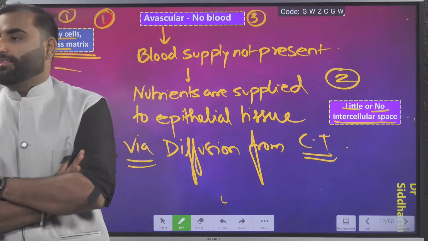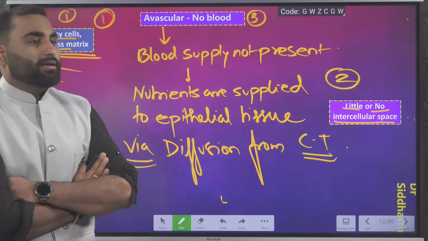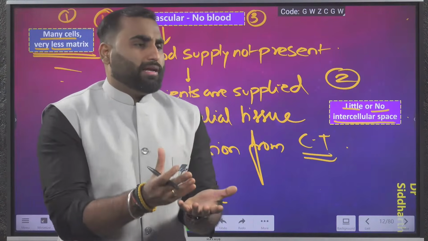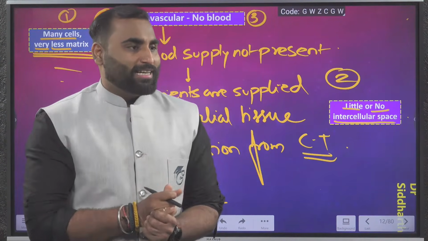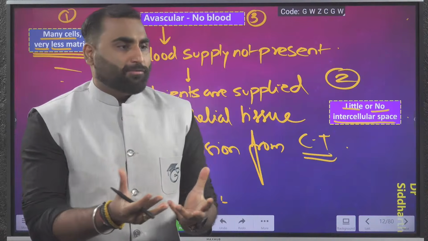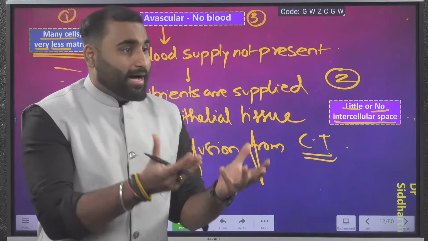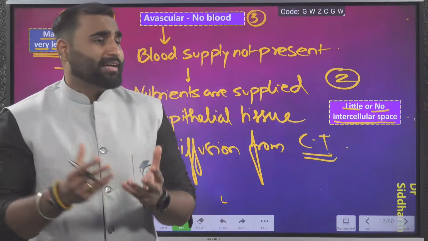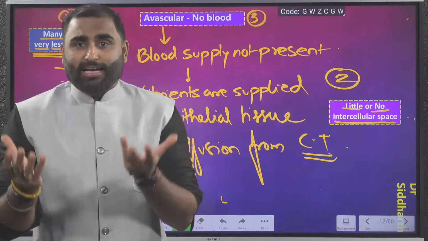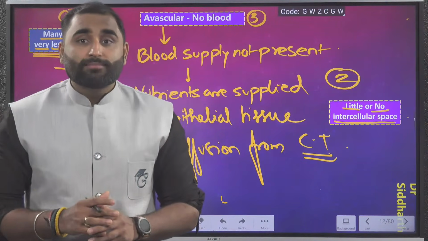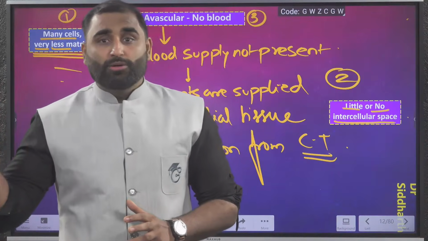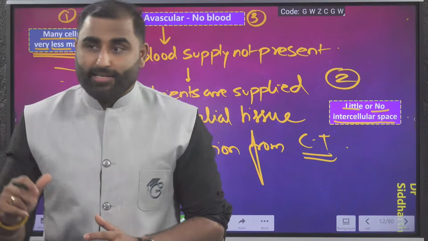Are we clear with this? Okay, what is diffusion, sir? Diffusion is the flowing of a substance, solute or solvent, from high concentration to low concentration. Connective tissue is highly vascular, which I will explain when I teach connective tissue characteristics.